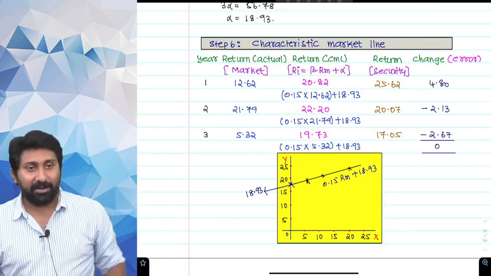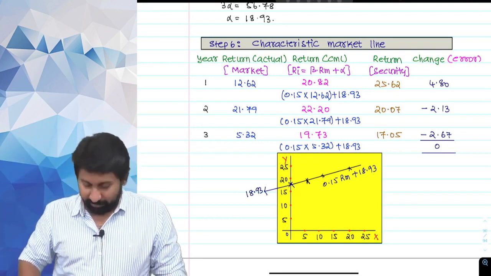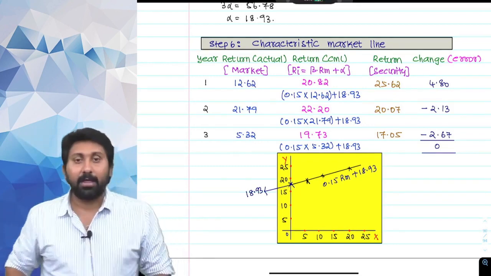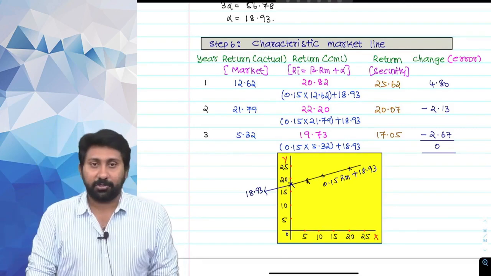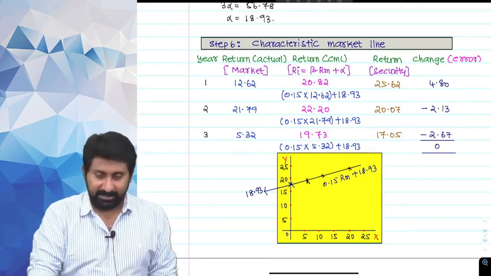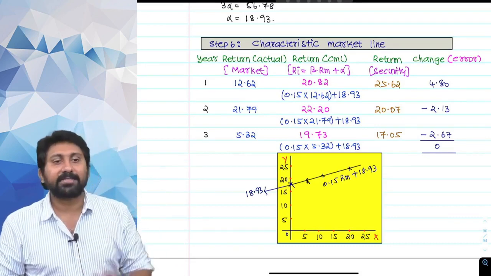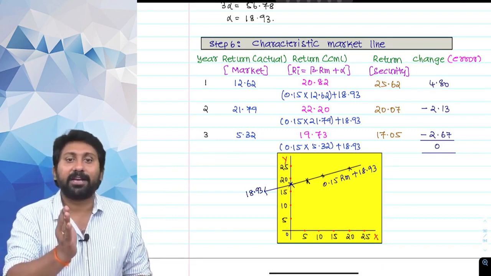Now listen carefully. Here comes the real analysis of Sharpe. How to analyze this is the question. Why did the differences come? It should be the same, no? Listen. What is risk? Tell me first. Risk means not getting the expected return.